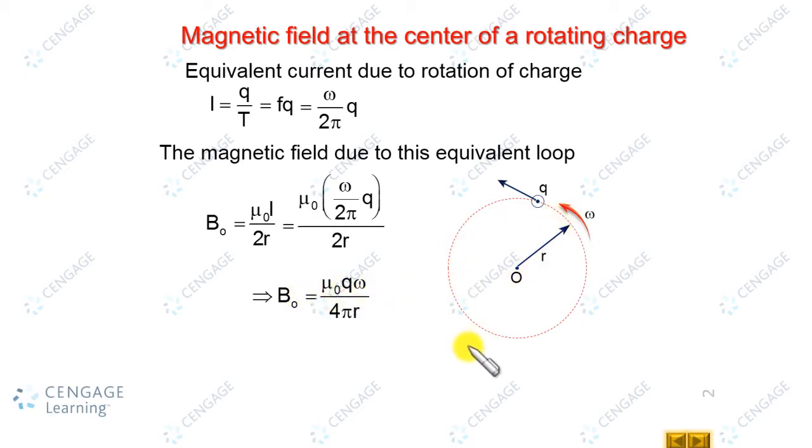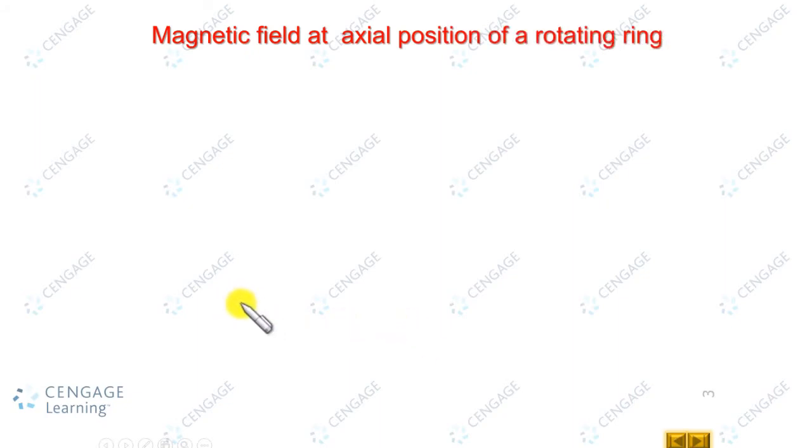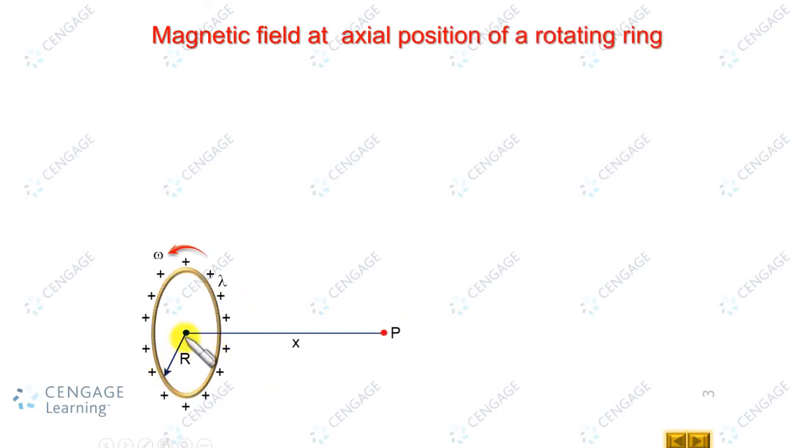Now let us discuss one important thing. If the ring is rotating and we are interested to find the magnetic field at the axial position of the rotating ring, now consider this ring. You can observe here the ring has radius capital R, and charge per unit length is lambda, and charge is uniformly distributed on the ring.